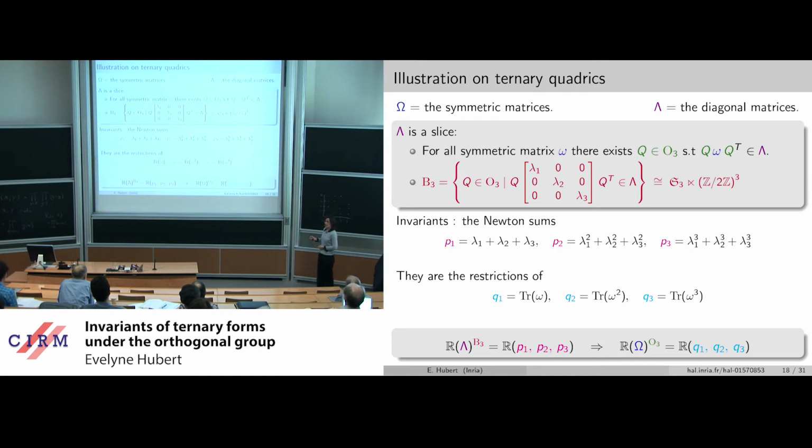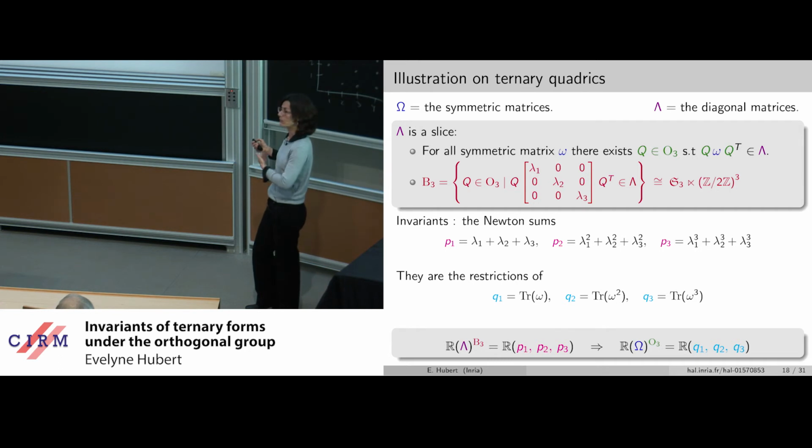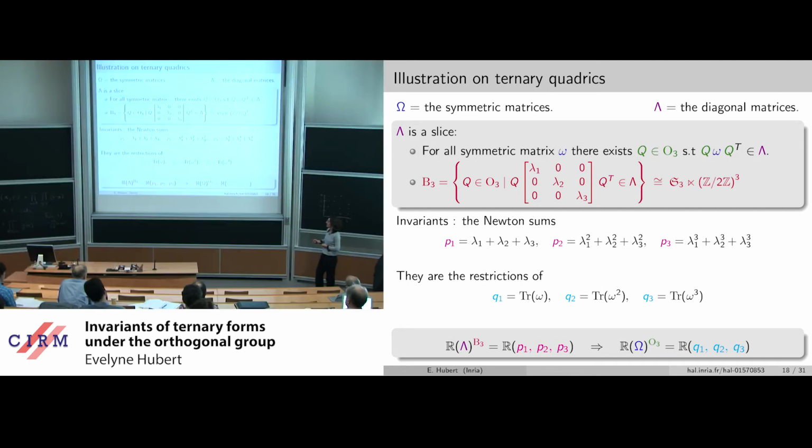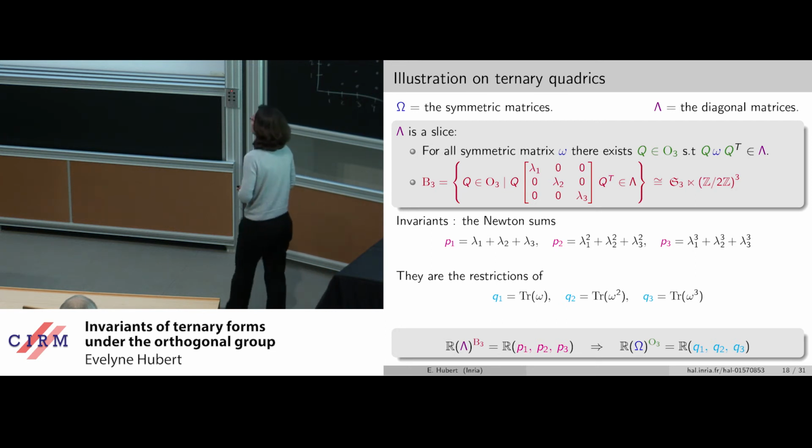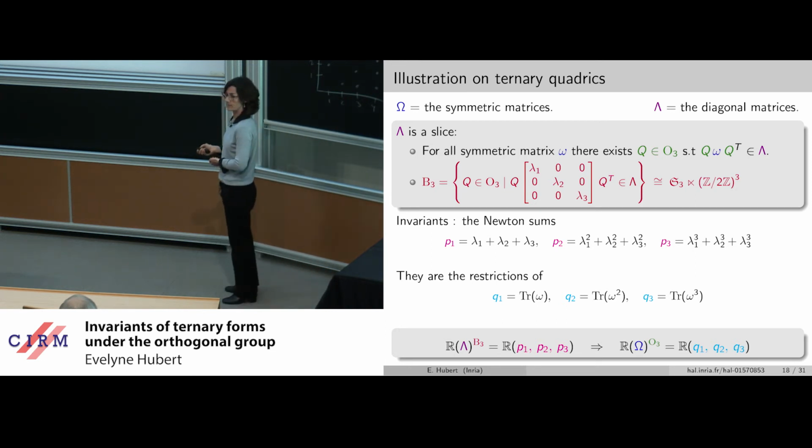Well, you can recognize things. Here, this is the restriction of a trace of a matrix to the square, and same thing here for the cube. So we know that this is a generating set for diagonal matrices under B3. So we know that these invariants also form a generating set for the set of all symmetric matrices under O3. So that's the consequence of this slice lemma.